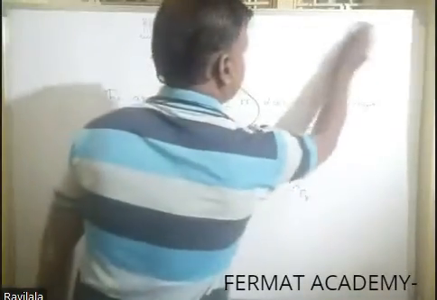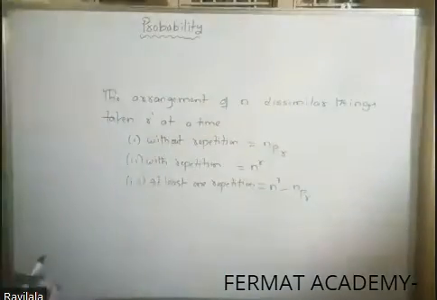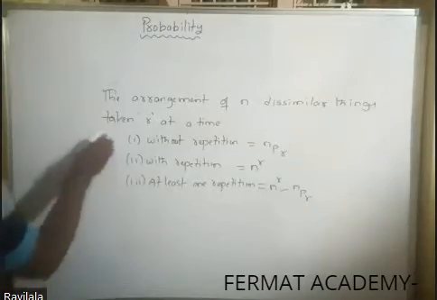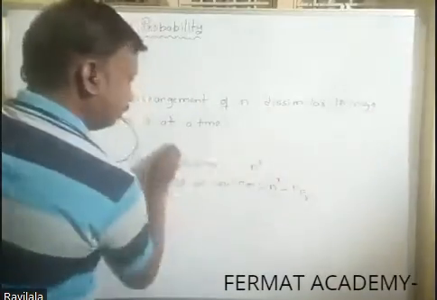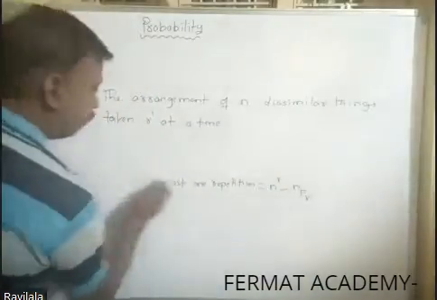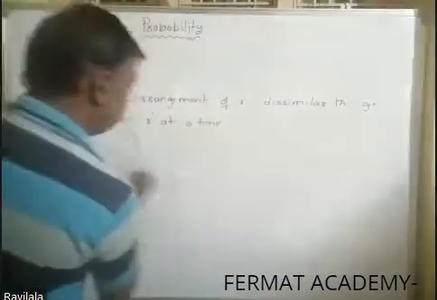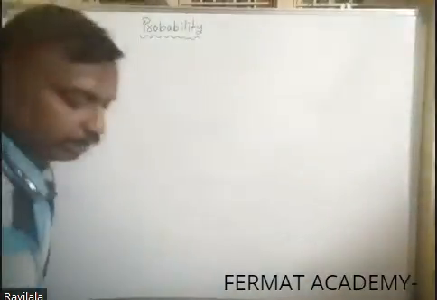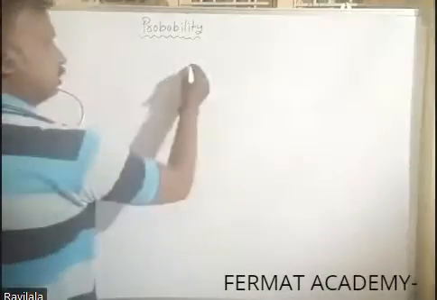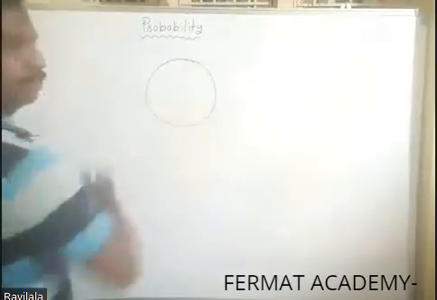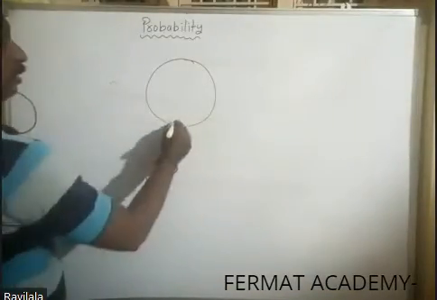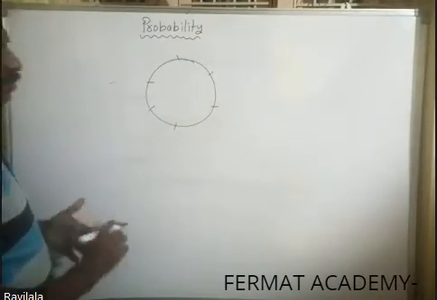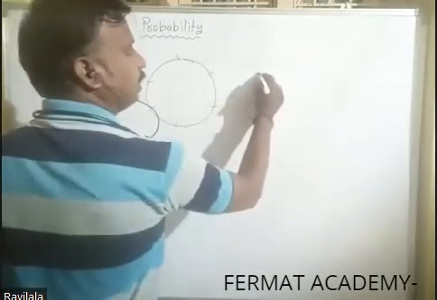And next we have circular permutation. If we arrange the objects around a circle, that is said to be circular permutation. For example, we take n objects.